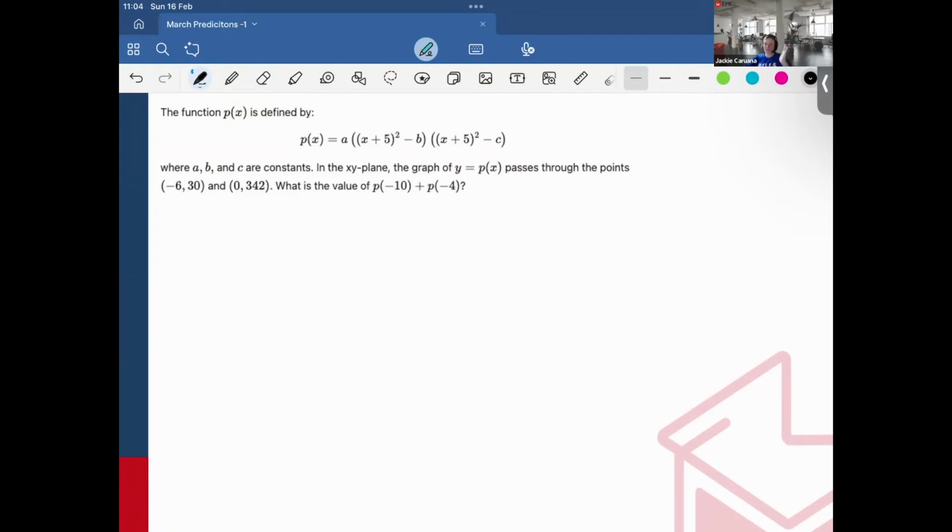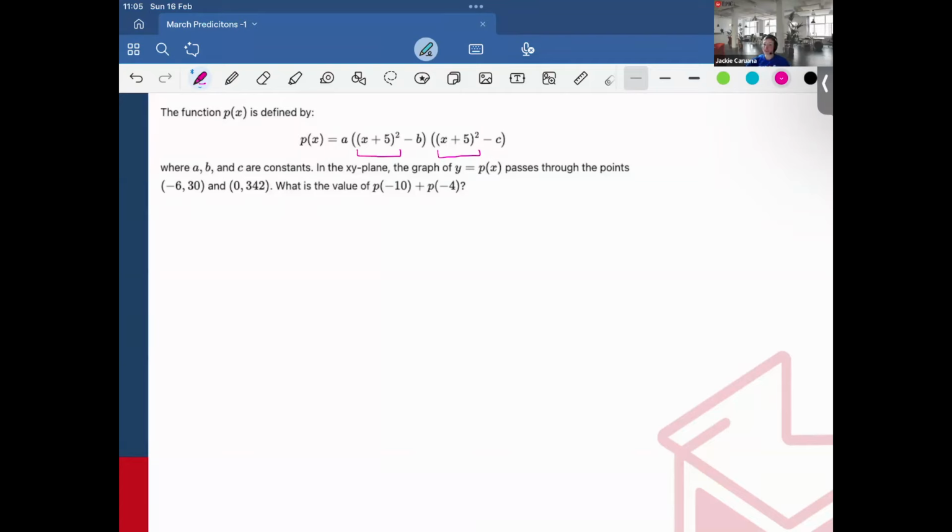Okay, so something we should recognize is the function structure. The x is only appearing here with (x plus 5) squared, and also here (x plus 5) squared, which means that the function depends only on the square of x plus 5, which basically means that the output of p of x is based on the value of (x plus 5) squared, not x directly.